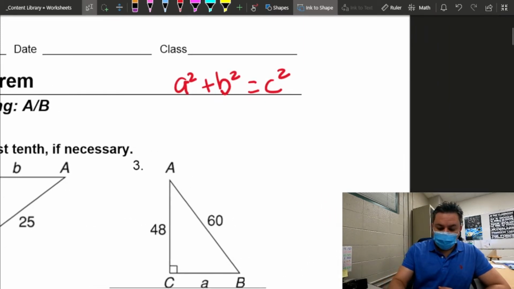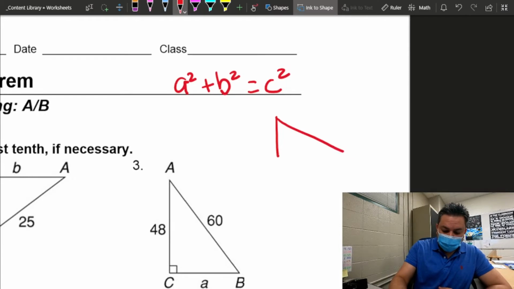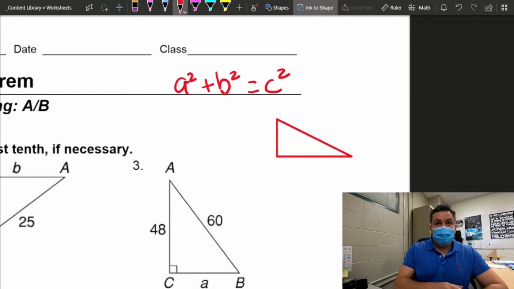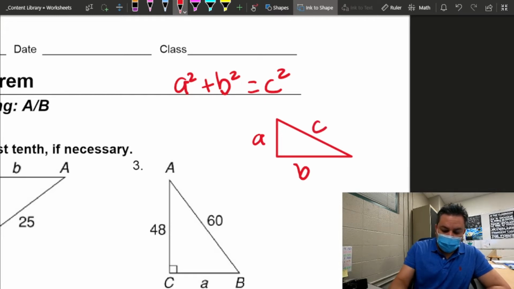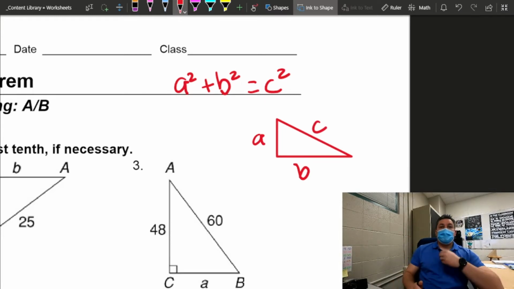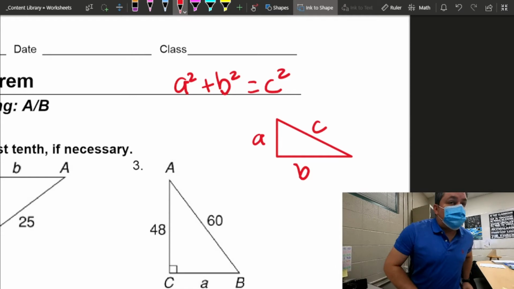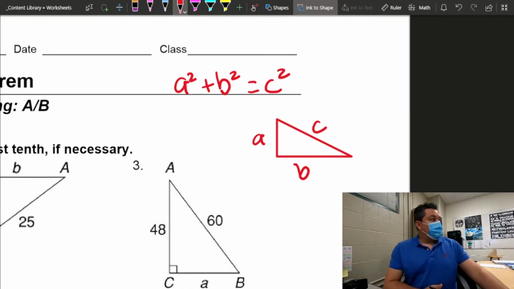So if we draw a triangle, we can call the sides A, B, and C. There's one thing we need to notice here. The longest side, the diagonal, is going to be called the hypotenuse.